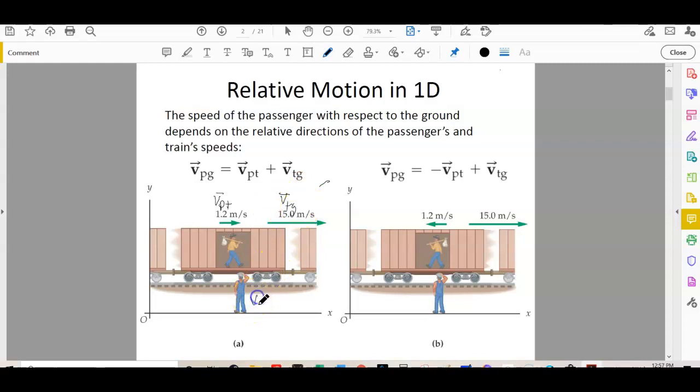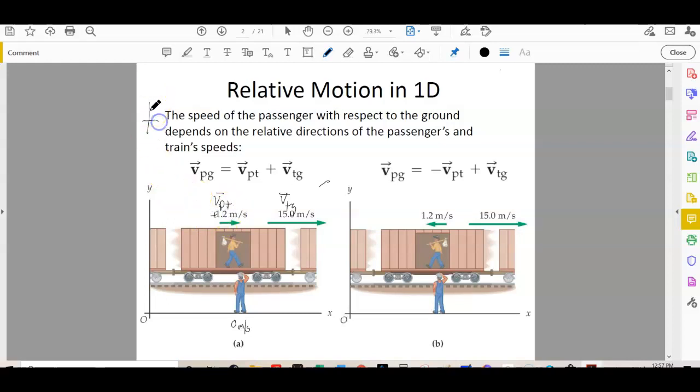Here you have a person on the ground, and they're not moving. So they are the reference frame that is not moving. And here you have a person moving on a train, walking at a positive 1.2 meters per second.